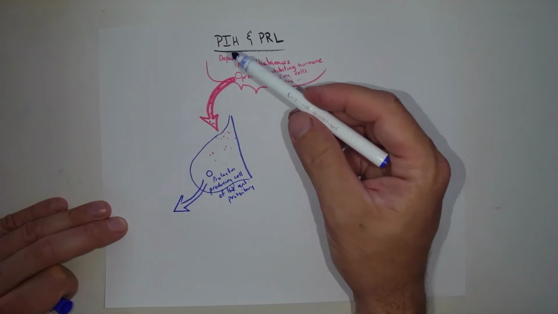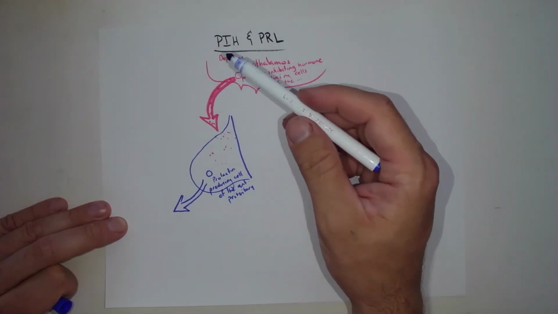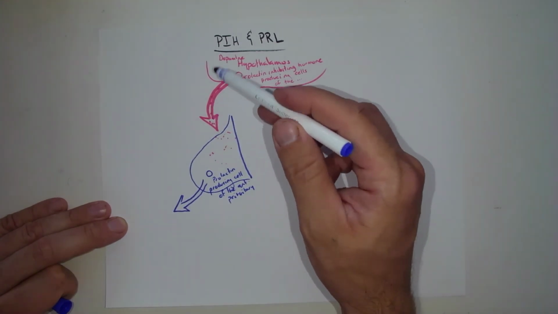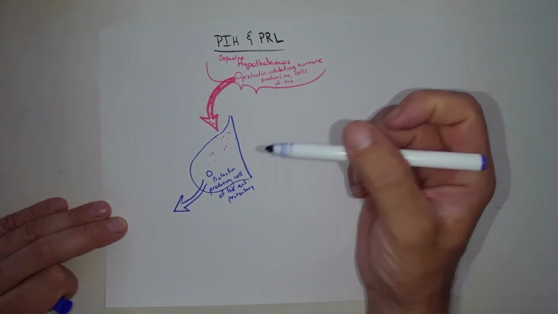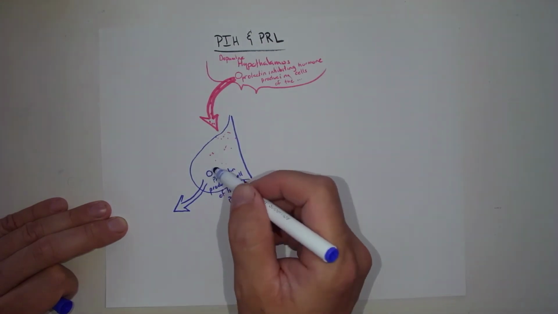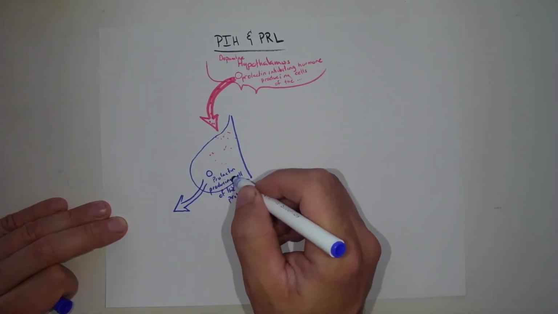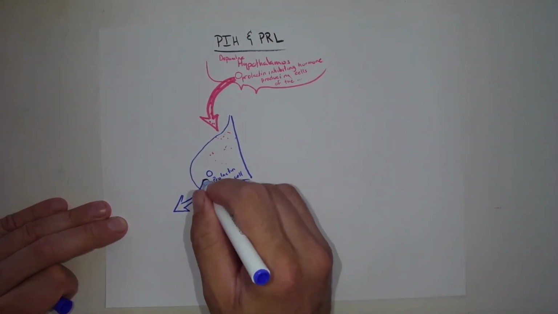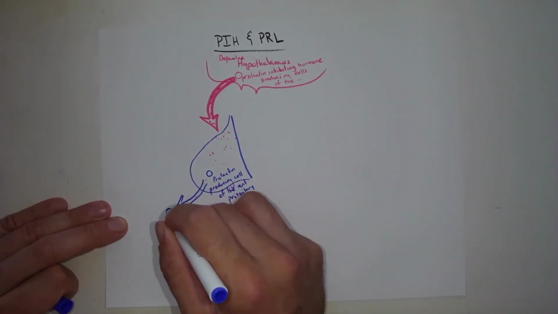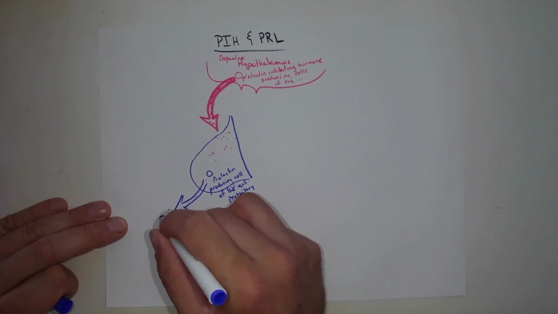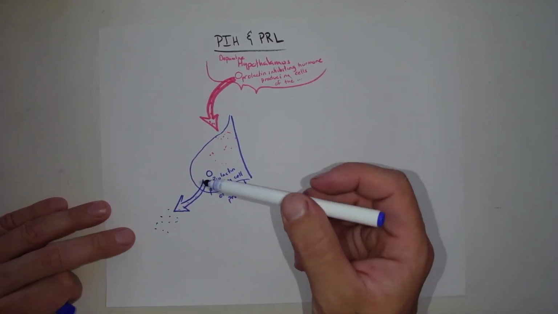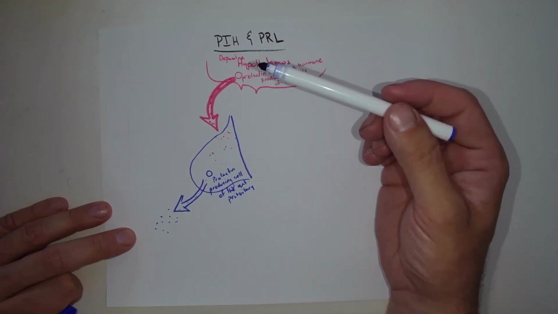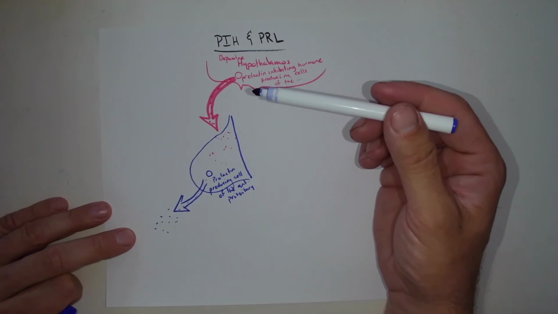Too much PIH or too much dopamine or a drug that enhances the effect of PIH is going to inhibit prolactin producing cells from making prolactin and secreting that prolactin. We're not going to have that. Now, that's a desired effect in males or in females who aren't lactating.